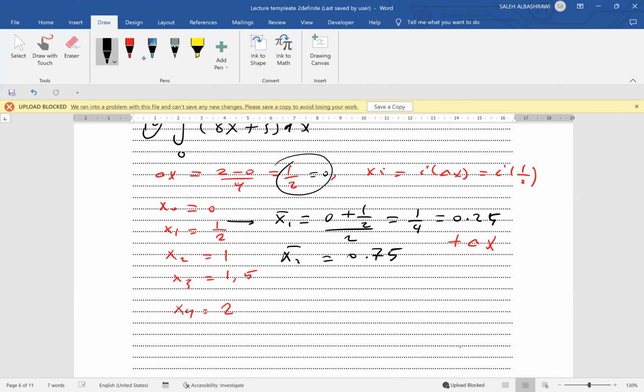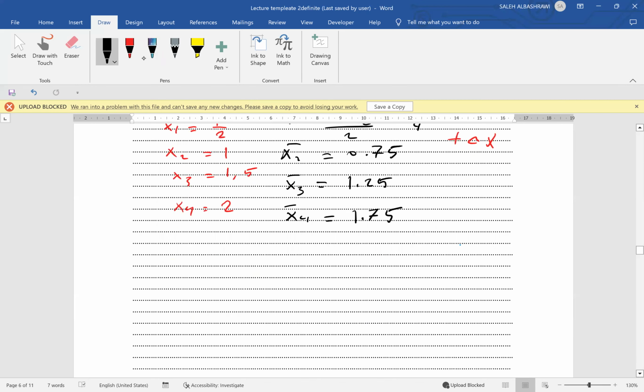So x2 bar is 0.5 plus 0.25, which is 0.75. The next one, x3 bar, just add 0.5, that will be 1.25. And x4 bar is equal to 1.75. So these are the midpoints.